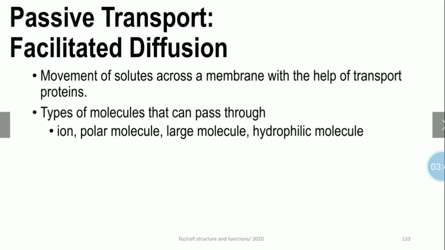You must remember, when we mention transport protein, it might be carrier protein or channel protein. They play different roles. Molecules that can pass through facilitated diffusion are ions, polar molecules, large molecules, and hydrophilic molecules.